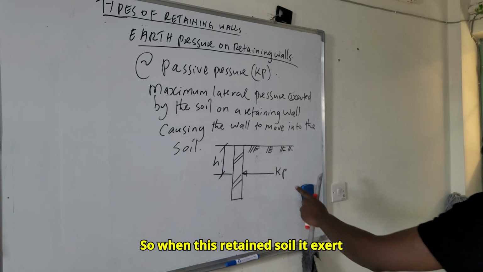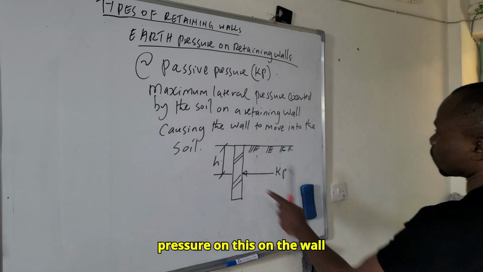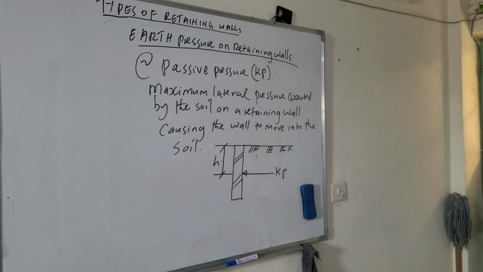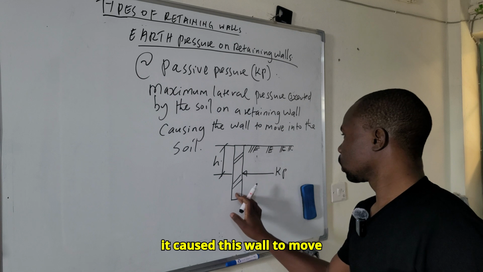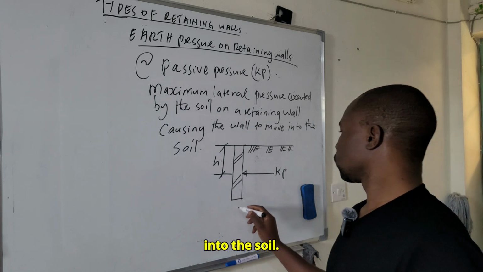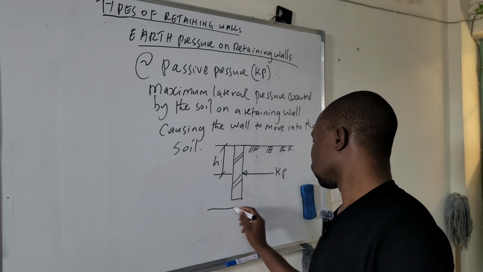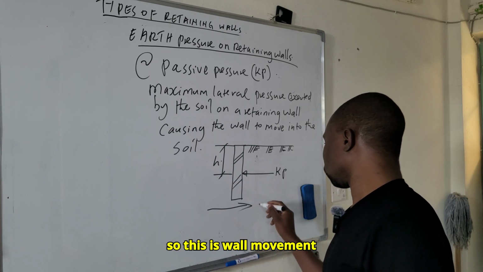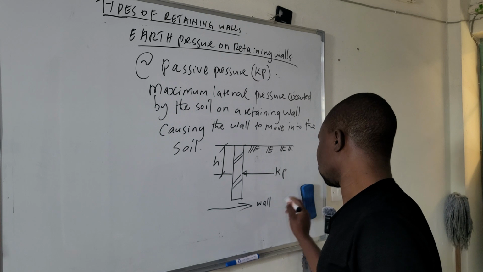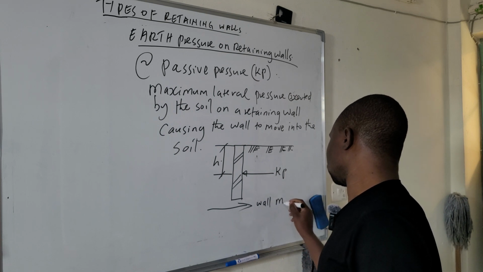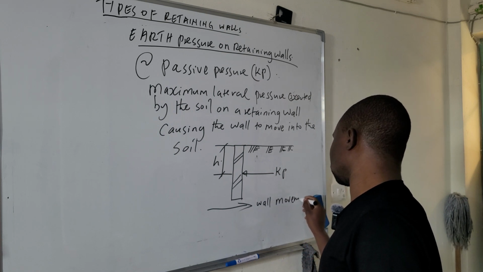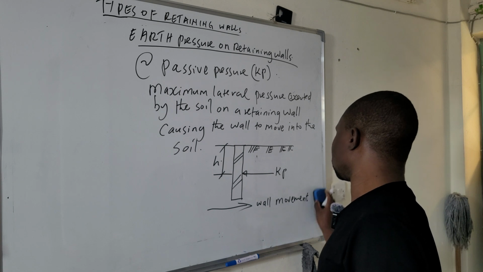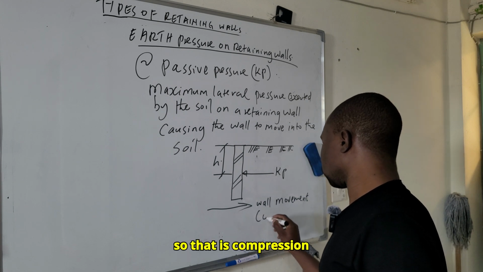When this retained soil exerts pressure on the wall, it causes the wall to move into the soil. So this is wall movement. So that is compression.